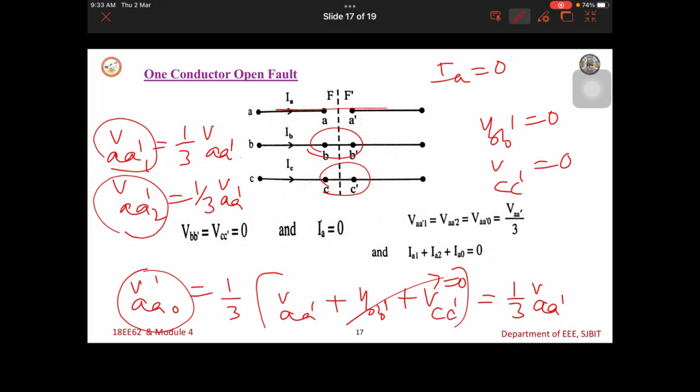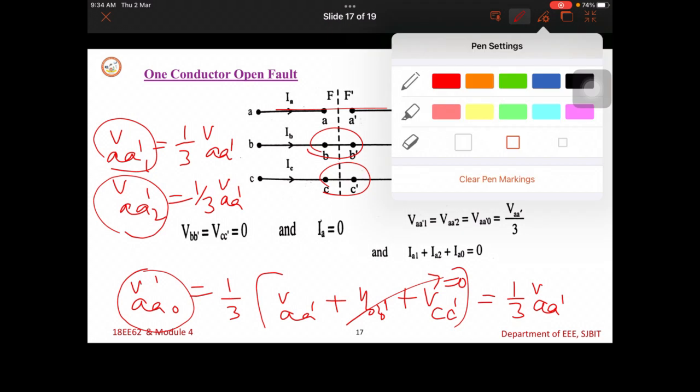So we come to know that these voltages are the same, meaning the positive, negative and zero sequence networks are connected in parallel. So that you can see in the next slide.